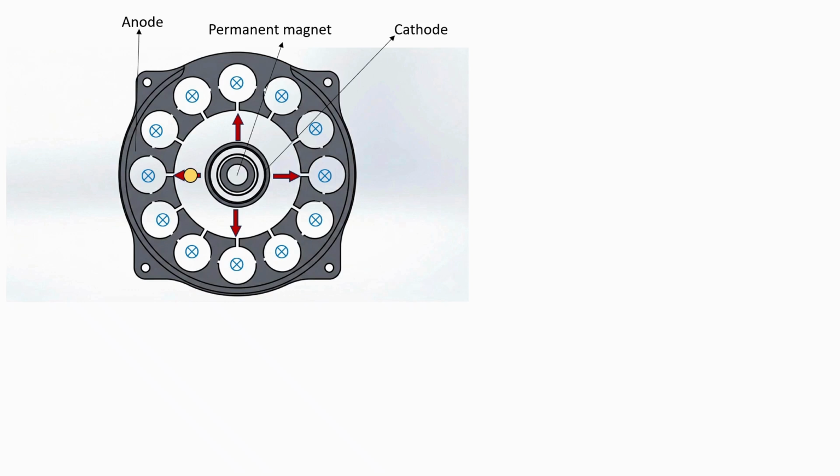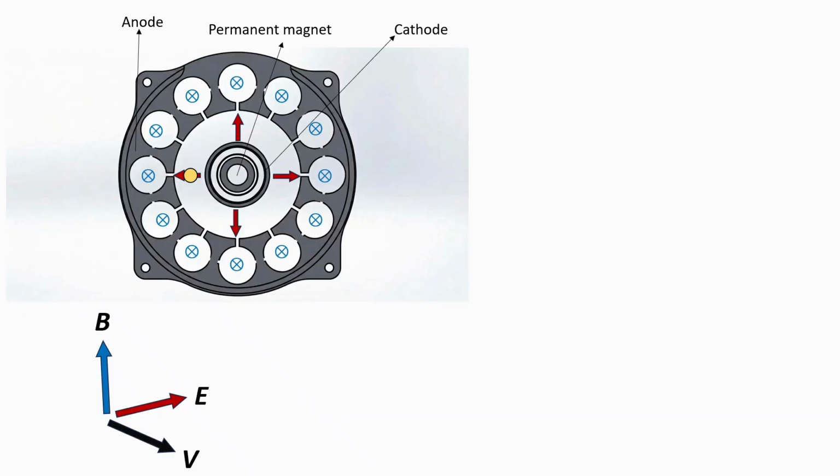When electricity passes through our cathode, it releases electrons. Now, these electrons would just dash into the anode. However, the two permanent magnets placed above and below our system create a magnetic field that is perpendicular to our electric field. Our electron would experience force in both directions.